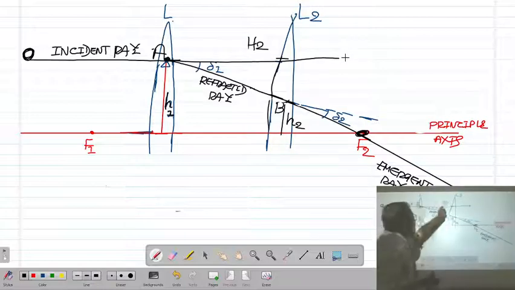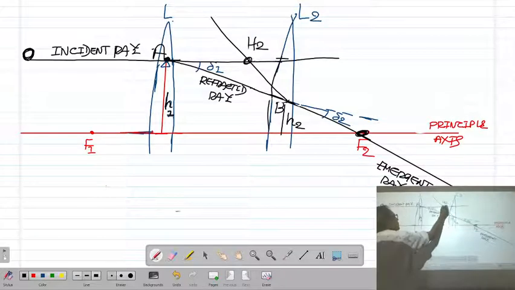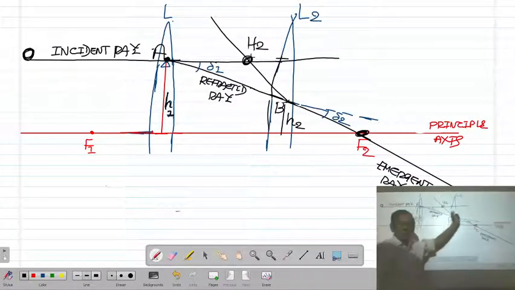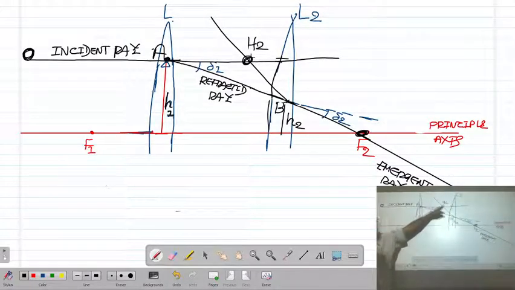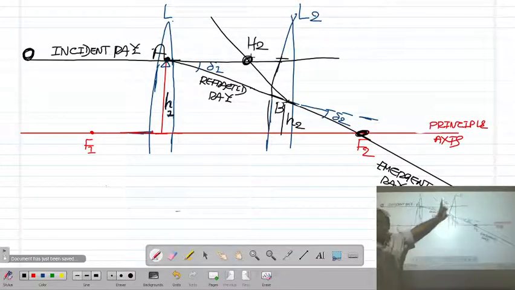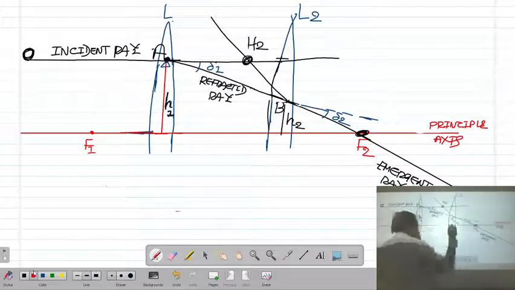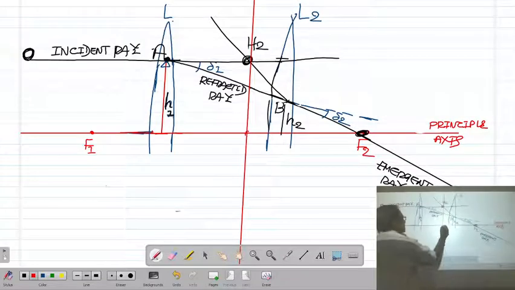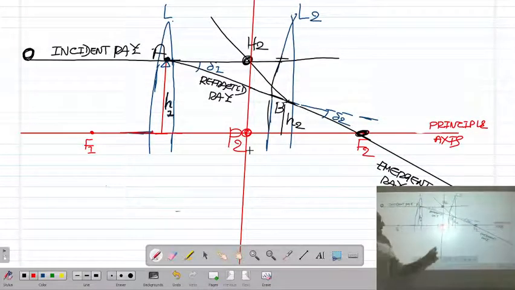I extend the incident ray in the forward direction, and I extend the emergent ray in the backward direction. Both the rays are meet at point H2. The plane passing through point H2 and perpendicular to the axis, this H2P2, is called the second principal plane, and this point P2 on the axis is called the second principal point.